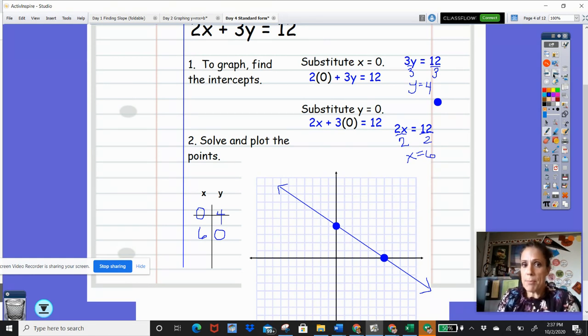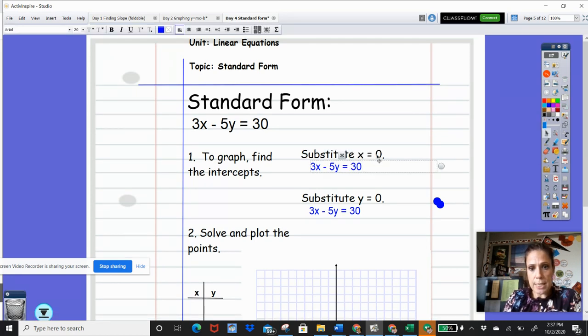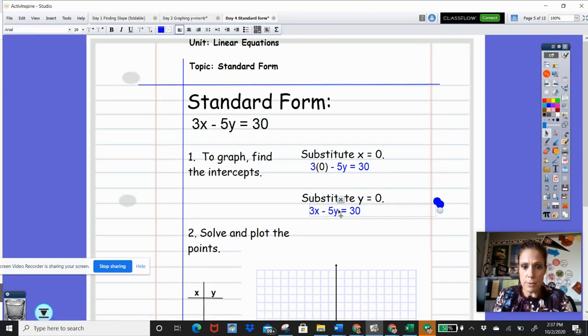The next example, we have 3x minus 5y equals 30. We're going to do the same thing as before. I'm going to change the x into 0, and then I'm going to change the y into 0.